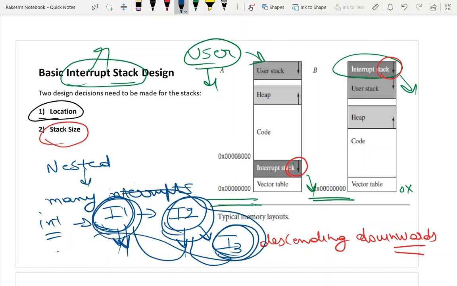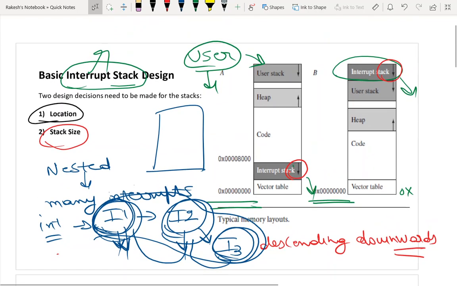So all these three interrupts are going to be handled. That's why you require more memory locations for the stack. So the type of interrupt handler you have decides whether a small amount of stack size is enough or you require a larger amount of stack size.